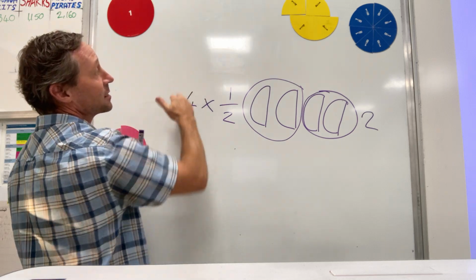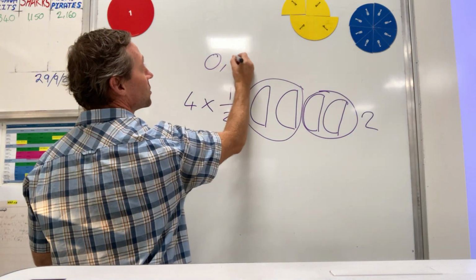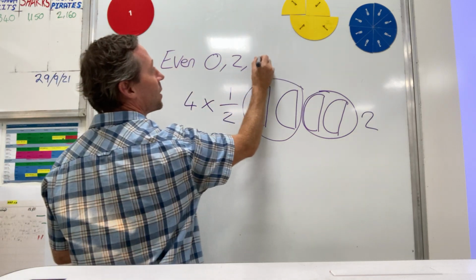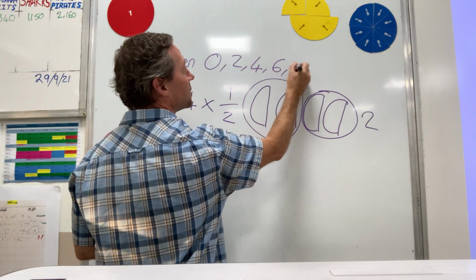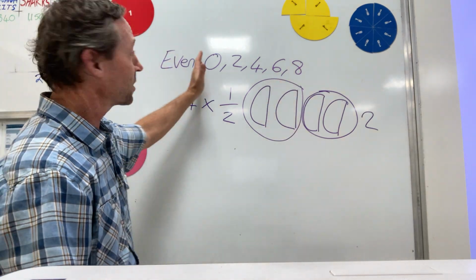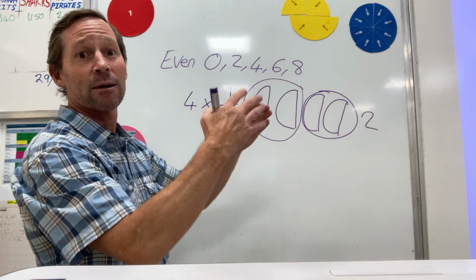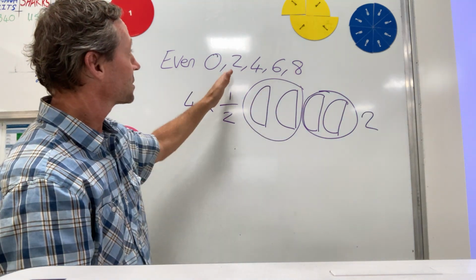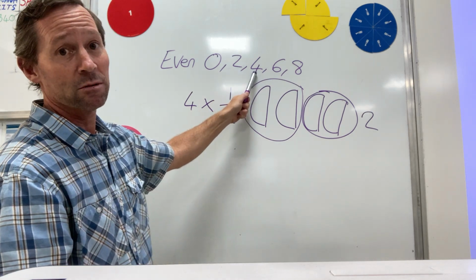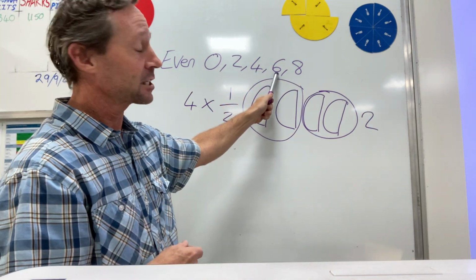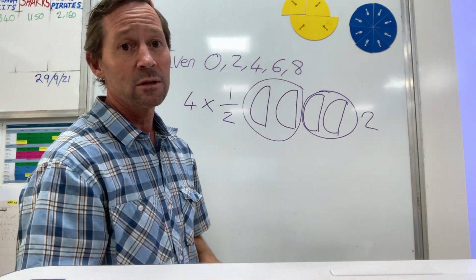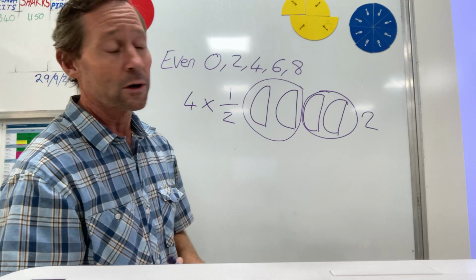And the even numbers end in 0, 2, 4, 6, and 8. If you split an even number, you're going to end up with a whole number. So 2 divided by 2 will give me 1. 4 divided by 2 will give me 2. 6 divided by 2 will give me 3. And 8 divided by 2 would give me 4.